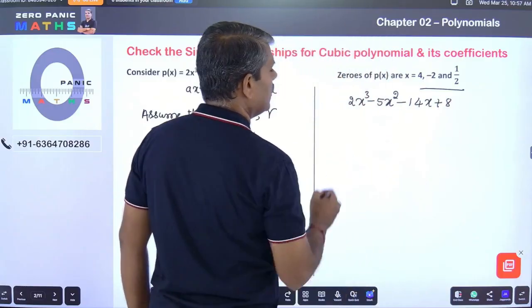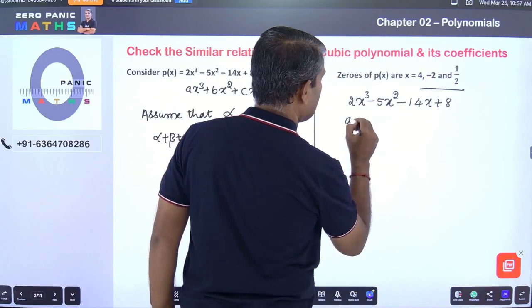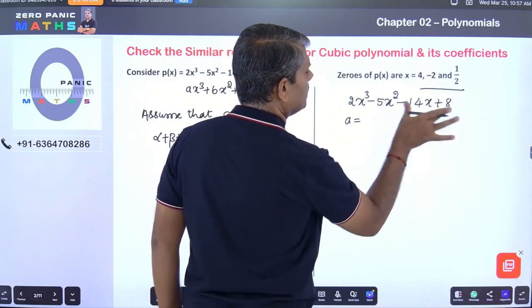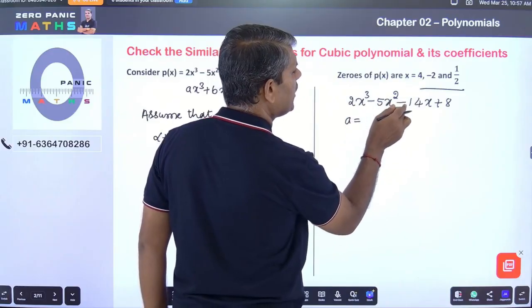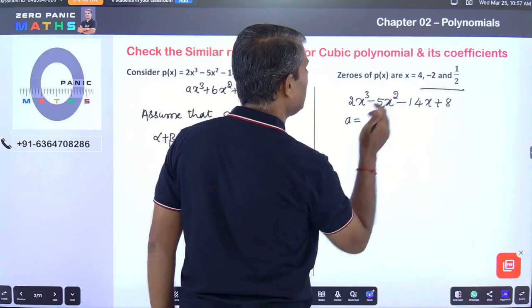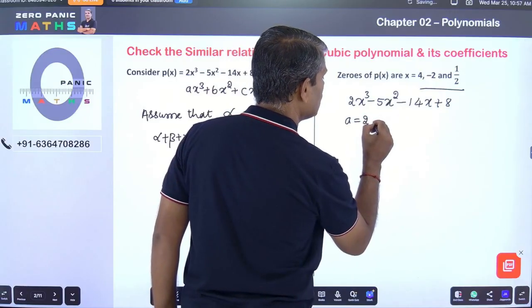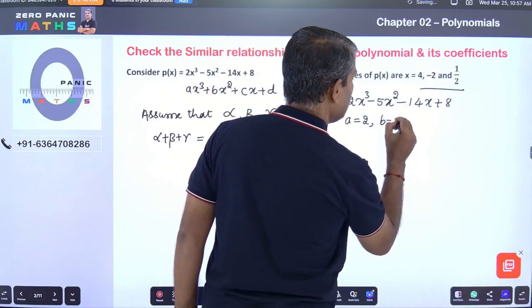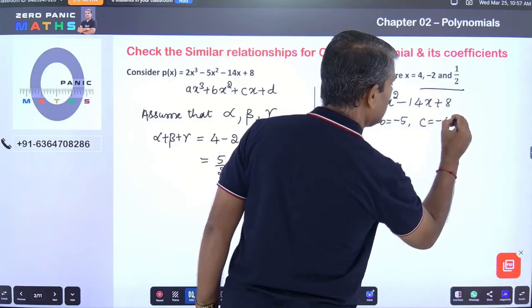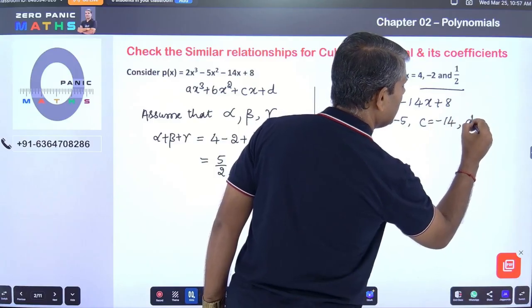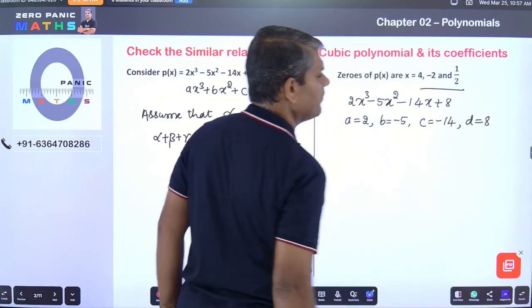Equating this with ax cube plus bx square plus cx plus d, a is 2, b is minus 5, c is minus 14, and d is 8.